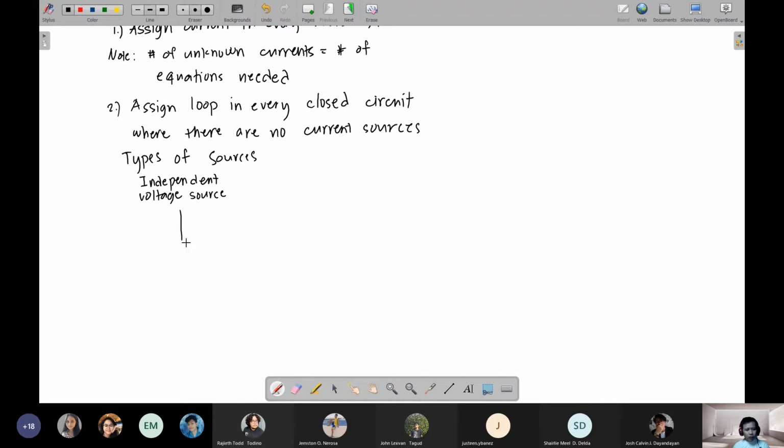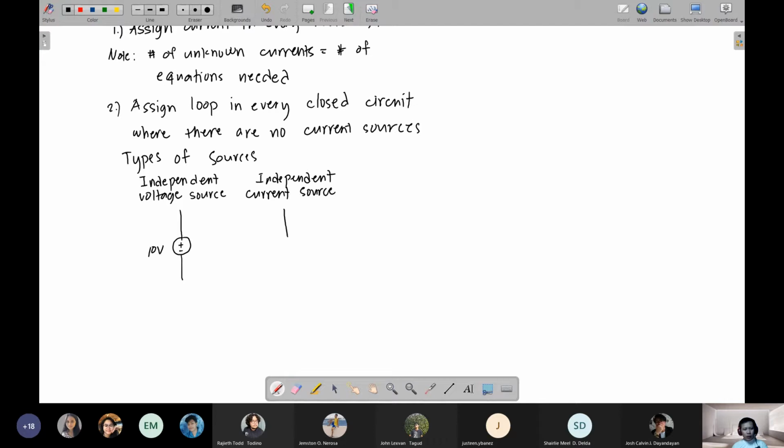So, yahang symbol would be like this. Independent meaning it has its own value. Let's say, for example, 10 volts. For example, it has its own value, independent. So, wa siya nagsalig sa ubang mga sources. Then, of course, if you have an independent voltage source, you will also have an independent current source.